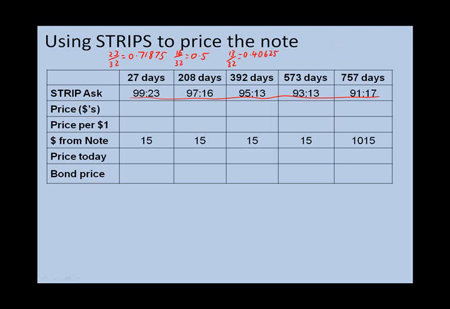And 17 divided by 32 is equal to 0.53125.